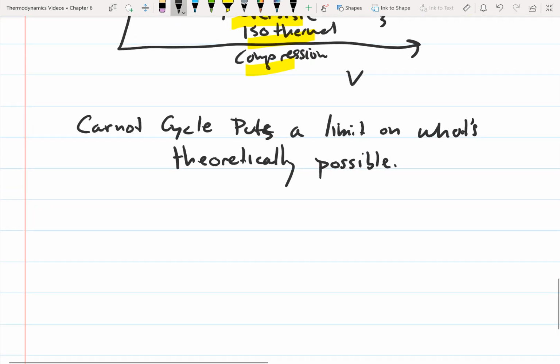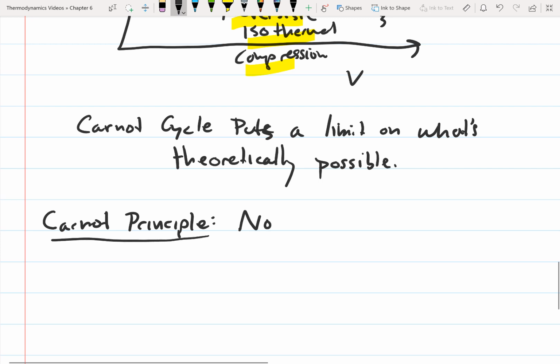So this comes to the Carnot Principle. The Carnot Principle says that no heat engine or refrigeration cycle operating between two reservoirs can have a higher thermal efficiency or coefficient of performance than the Carnot cycle operating between the same two reservoirs. So let me just write that down. So no heat engine, and we haven't talked about refrigeration cycles yet, but we're going to talk about those.